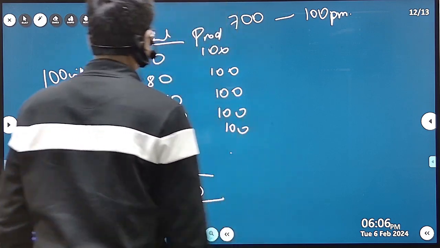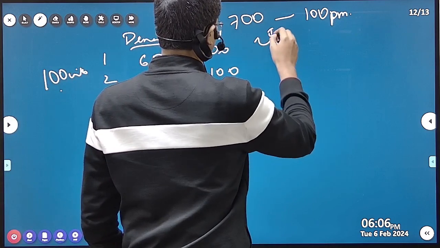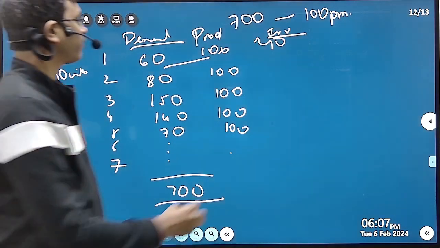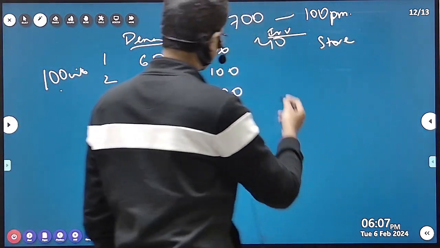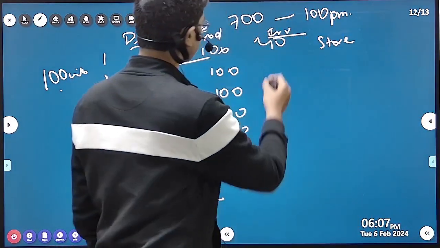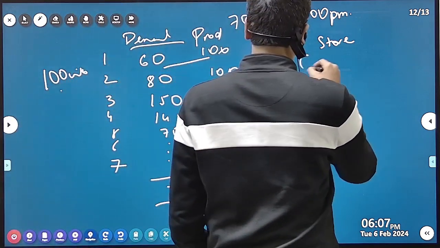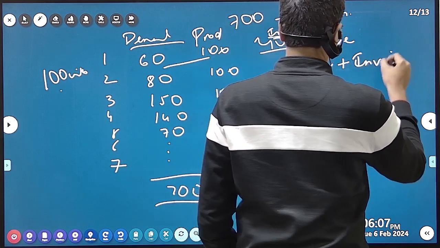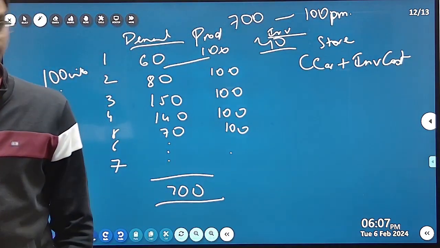Okay. And then what happens? Now here you will have 40 inventory, right? So you'll have inventory carrying cost. You'll have to store your inventory for the demand. The demand can come the next month or 3 months later or 4 months later, but your excess inventory is stored. So this inventory carrying cost will be part of your production cost.